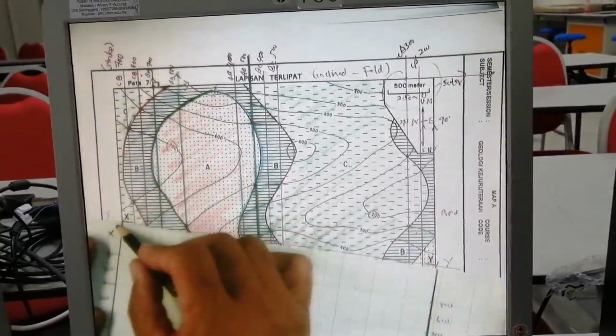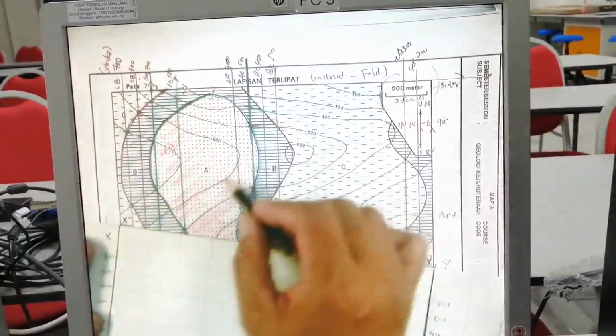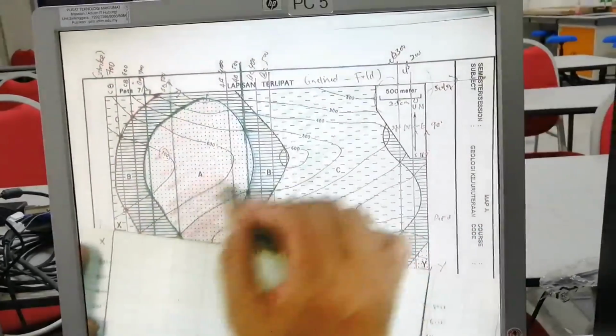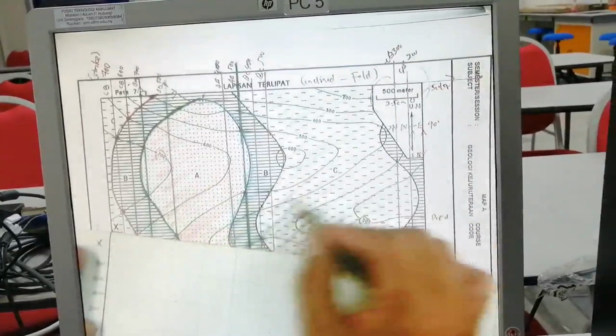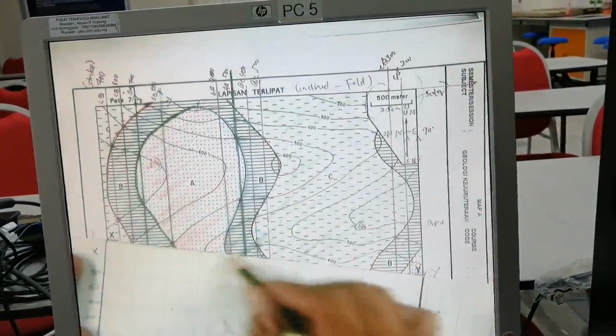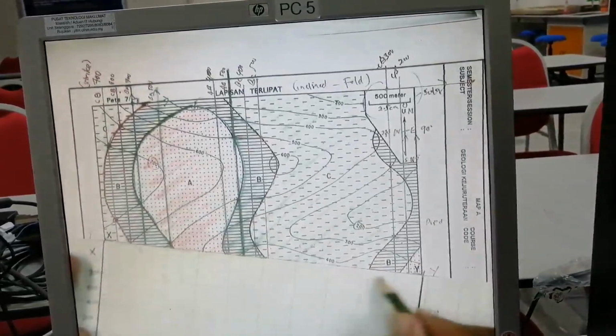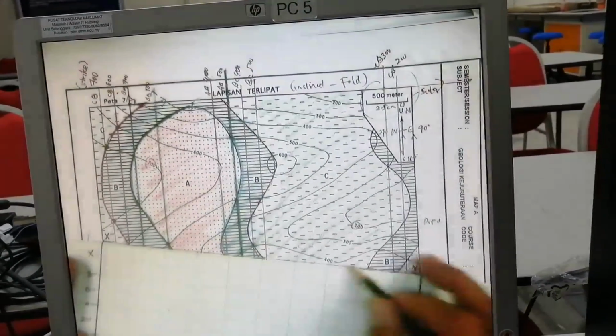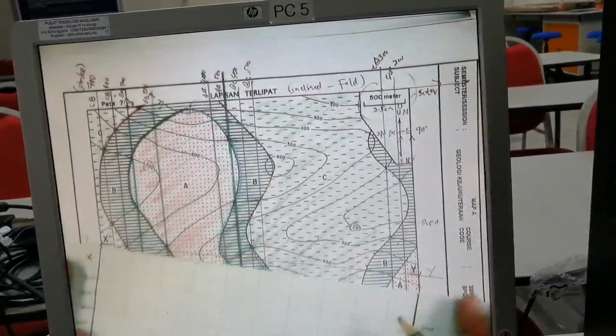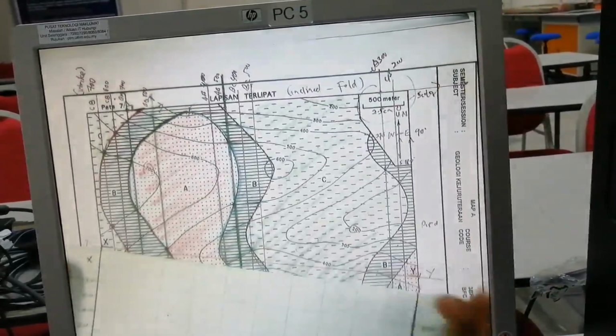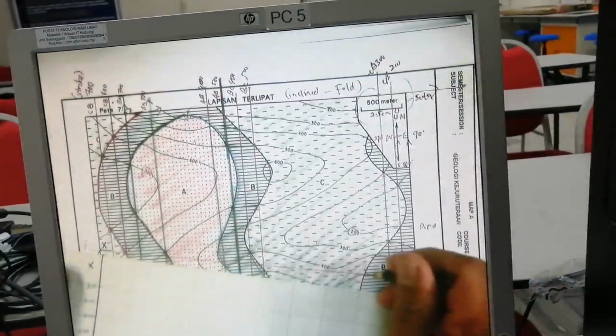Let's say from here we have contour line 500. We have contour line 400. Here it disappears, and we have another 400 here, and then up to here is almost about 400 to 500, touching 500 somewhere here.